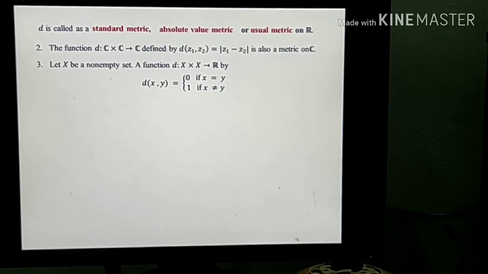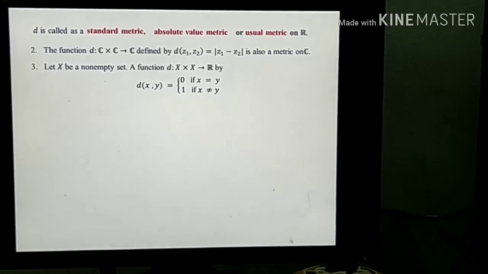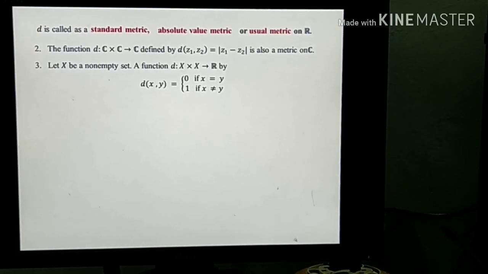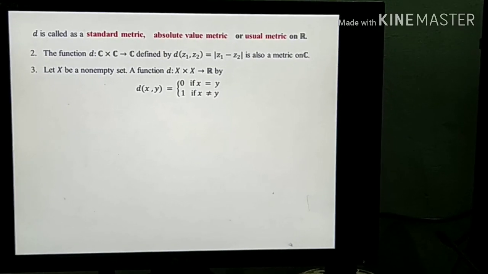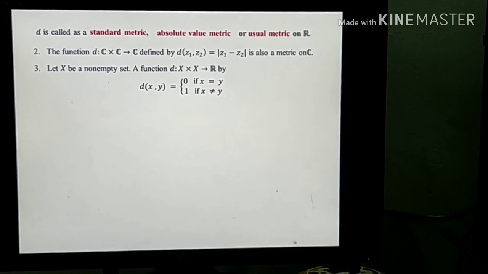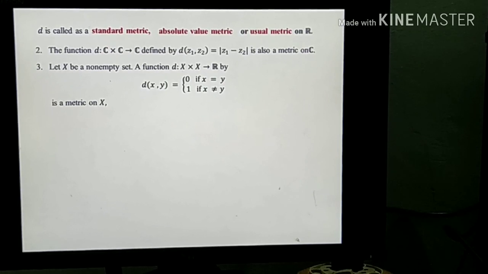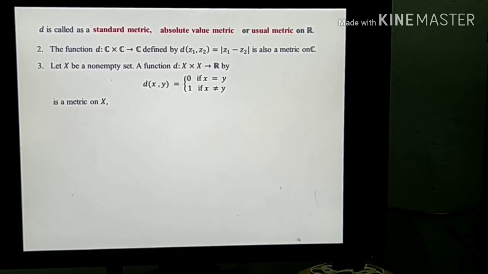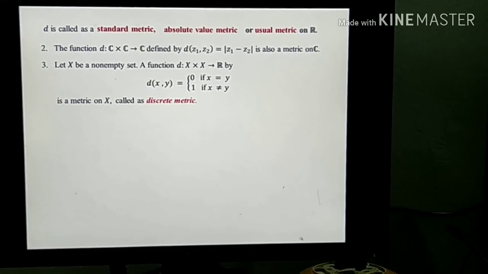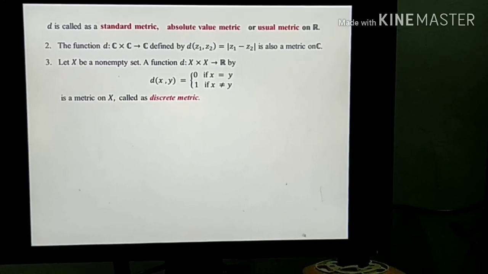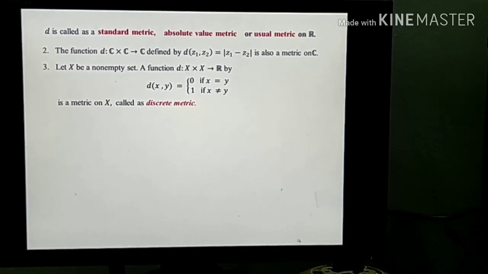Then this d satisfies all four properties of a metric. Therefore it is a metric on X, called the discrete metric on X, and this metric space is called a discrete metric space.